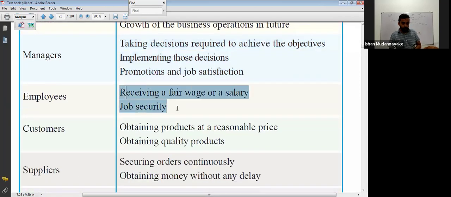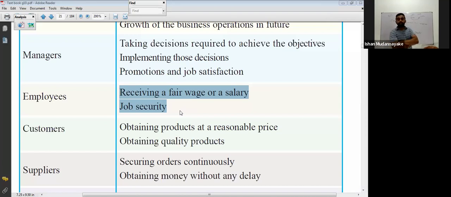Next one, employees. Expectation of employees from the business organization. Hania, read it out. Employees receiving a fair wage or salary, and job security. Most of the people in Sri Lanka are trying to get a government job. Why? Job security.